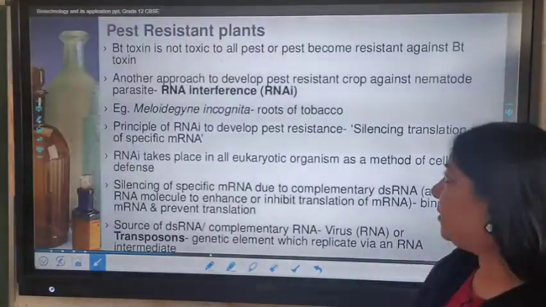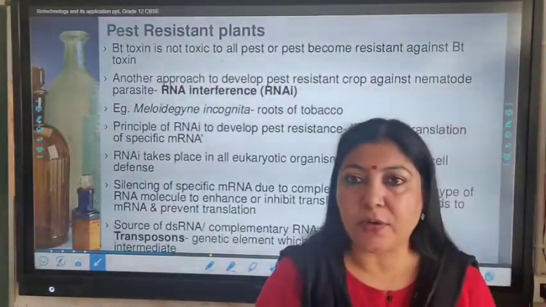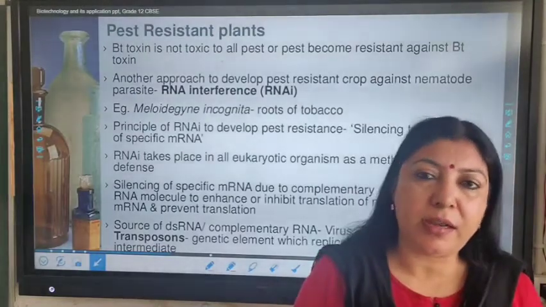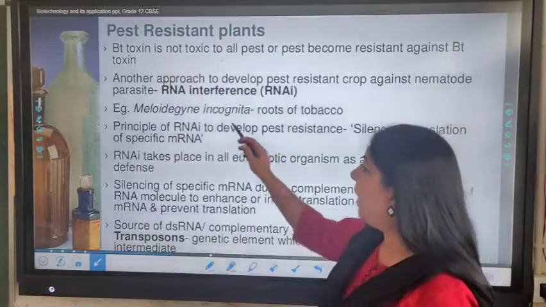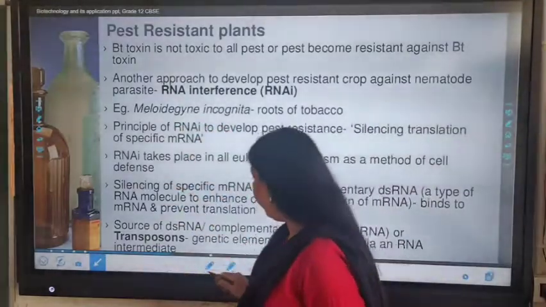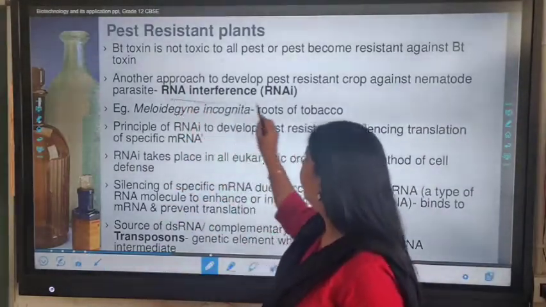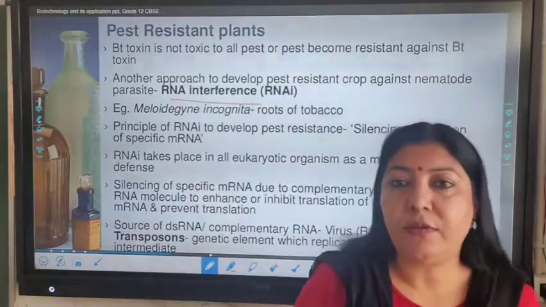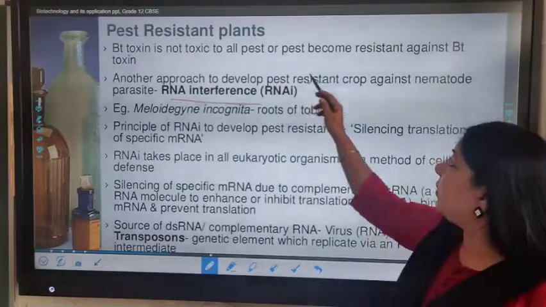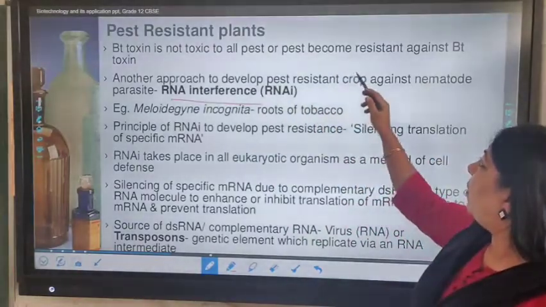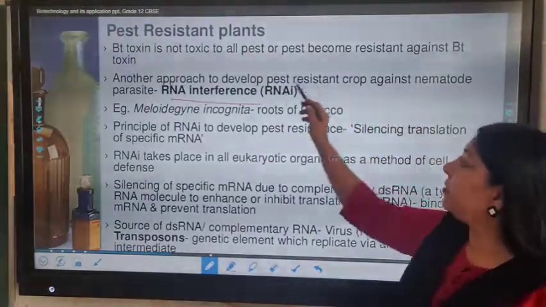But again, as I told you, there are certain controversies. So what is the alternative to this controversy? Another method is called the RNA interference method. What is RNA interference? Bt toxin is not toxic to all pests, or pests become resistant against Bt cotton.